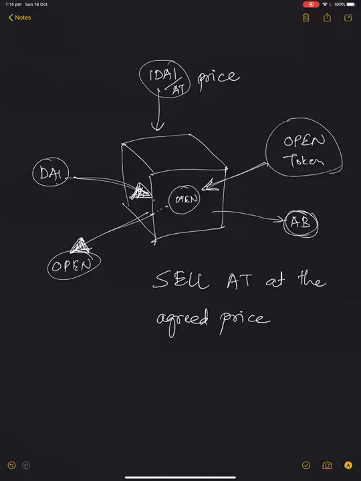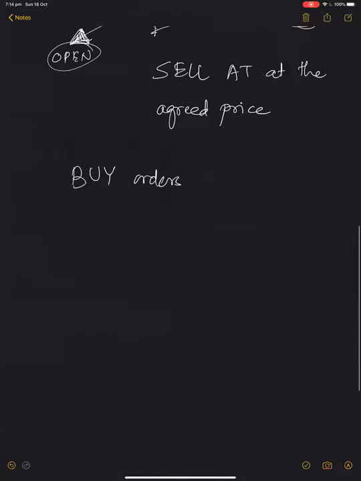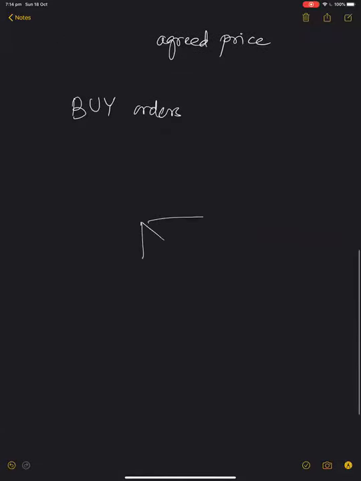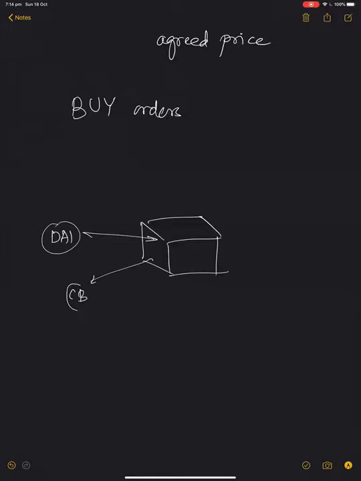Okay, so what's happening over here is now you can put in buy orders like before, where if there was no asset token holder putting anything yet, then you put in your DAI and you get CashBox tokens which represent your open order.